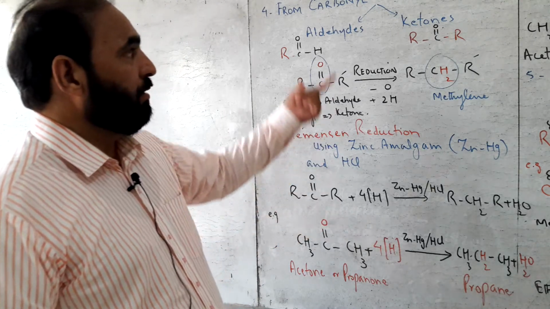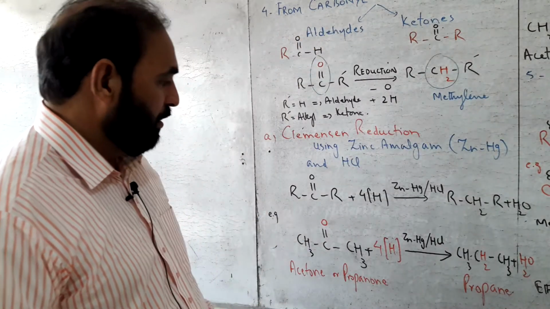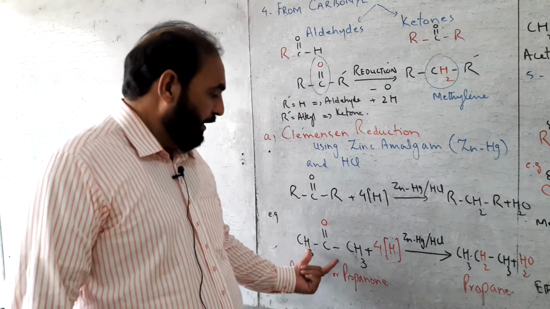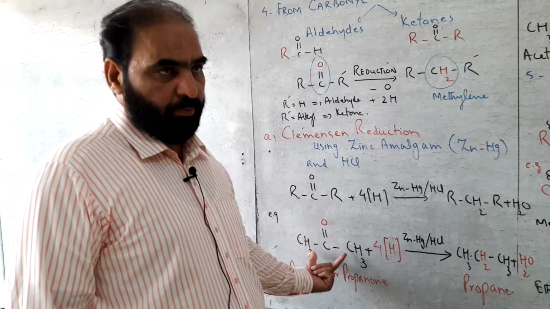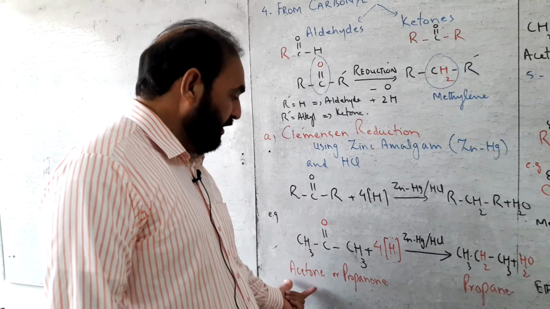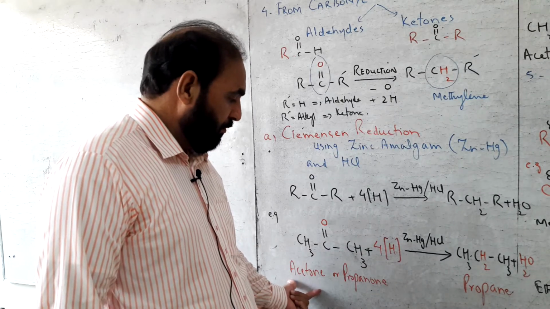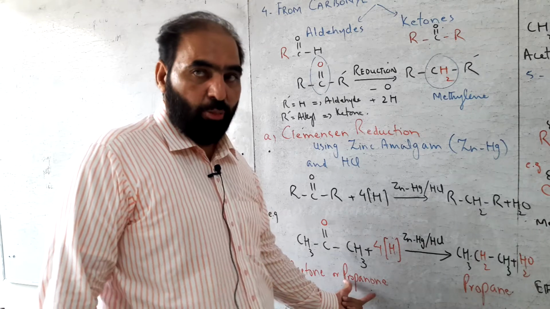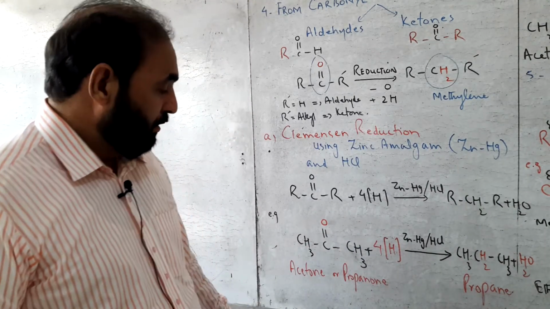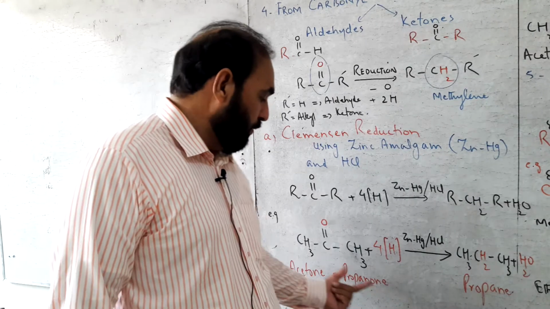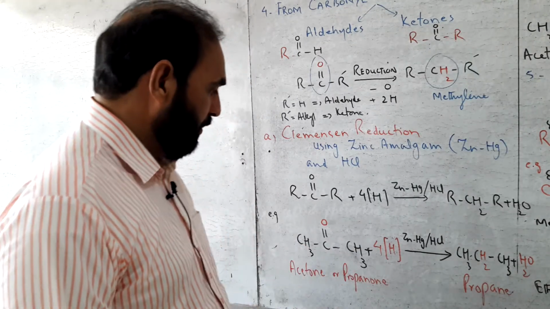For example, if we use a ketone with 3 carbon atoms, which is acetone or propanone, acetone is the common name and propanone is its IUPAC name.